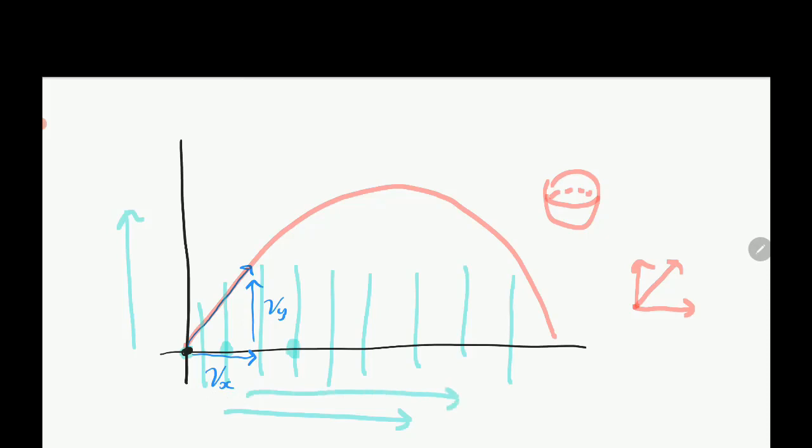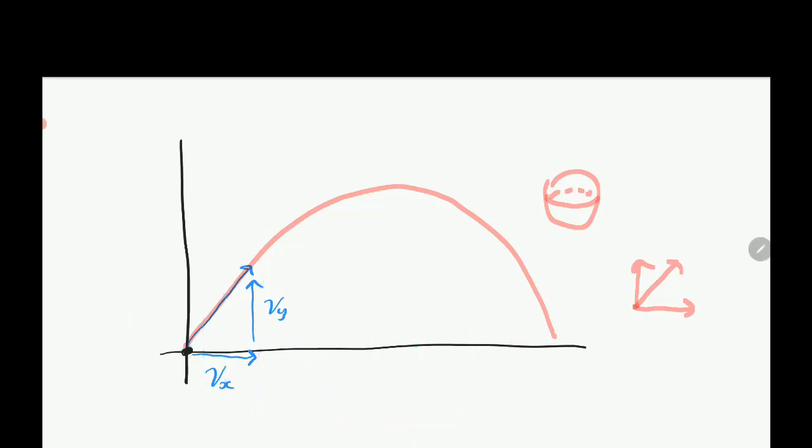And in fact, the way that this ball is going to move horizontally is very simple, okay? Because we're going to assume that there's no air resistance, and that the ball is just launched at this initial horizontal velocity, Vx, and then it's simply let go. So this ball is simply going to keep moving to the right at a constant rate.